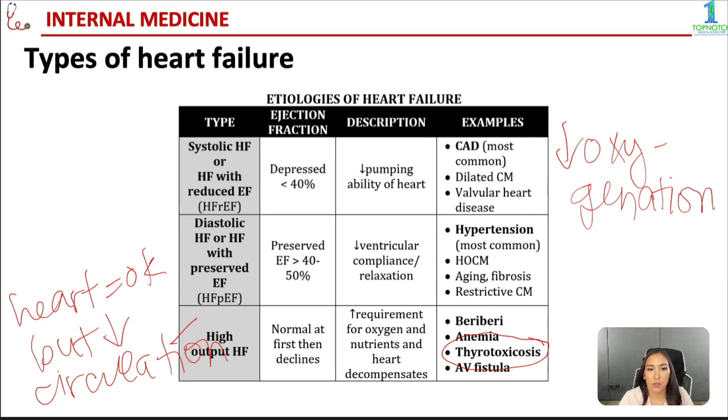Okay? Kasi for example, in anemia, the heart is fine. Walang problema sa heart. Pero yung red blood cells mo, severely impaired or severely lacking. So even if there's blood circulating around, wala rin oxygen. Walang hemoglobin eh. Walang oxygen. So, nagkakaroon ka ng high output heart failure. Okay?